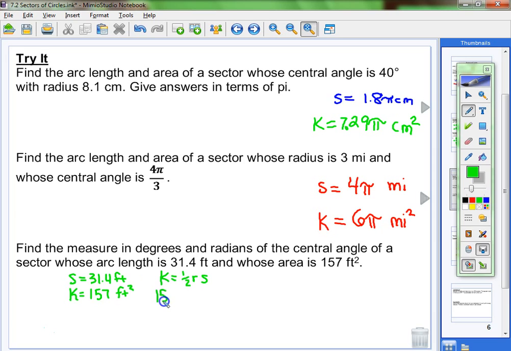So 157 equals half times the radius times 31.4 feet. So that means 157 equals 15.7 r. And when you divide 157 by 15.7, you get 10. So the radius is 10 feet.